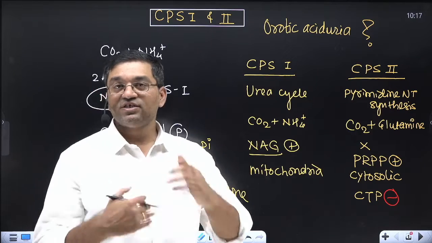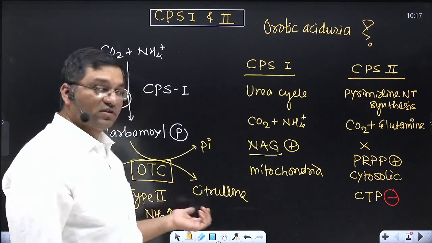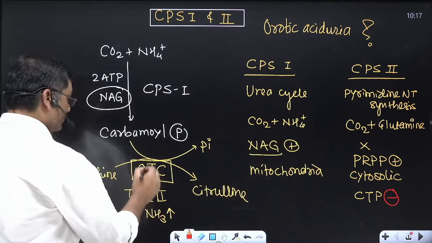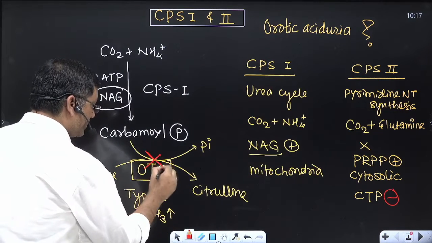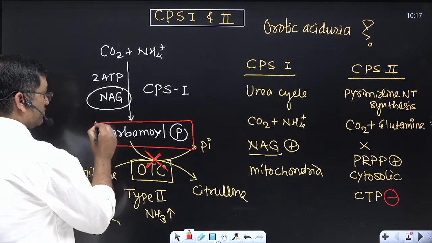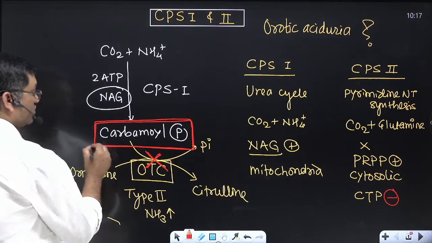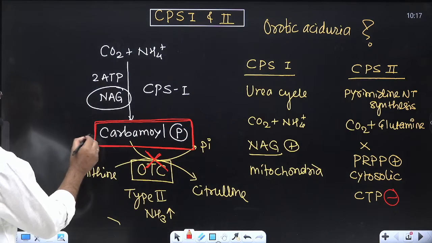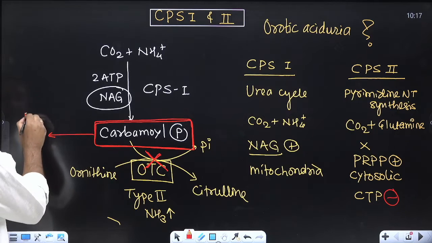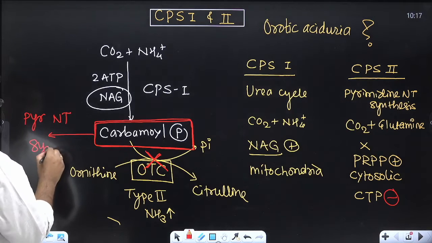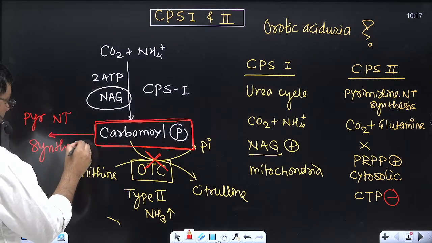Now why is there orotic aciduria in this disease? Whenever there is defect in ornithine transcarbamylase, there is accumulation of carbamyl phosphate, and this carbamyl phosphate is diverted for pyrimidine nucleotide synthesis.